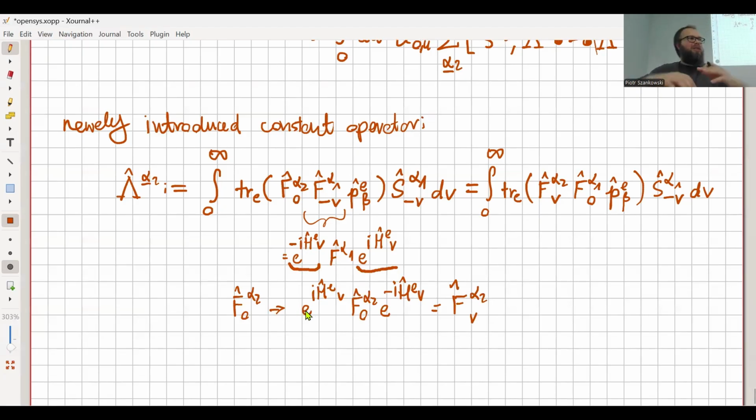But this is how you exploit the stationarity, that you can move around the evolution operators. You can move them through without paying any cost through the initial state. Okay, and once you can do this and have the cyclic property, you can move around time.